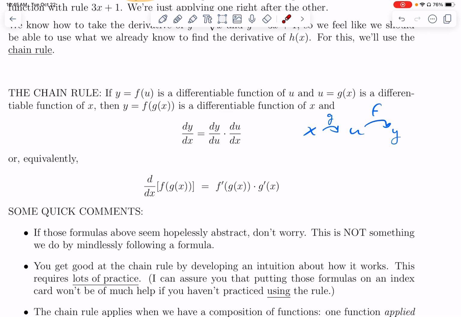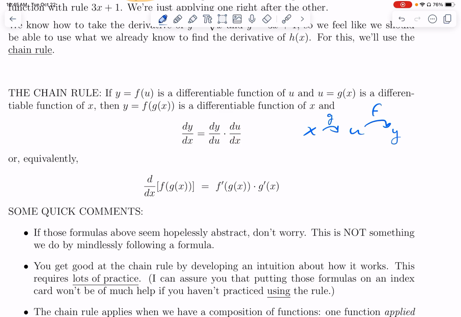What the chain rule says is when we put that whole process together, y is f of g of x, that is a differentiable function, assuming the original functions were differentiable. And the rule for the derivatives is that the overall derivative of y with respect to x is the derivative of y with respect to u times the derivative of u with respect to x.